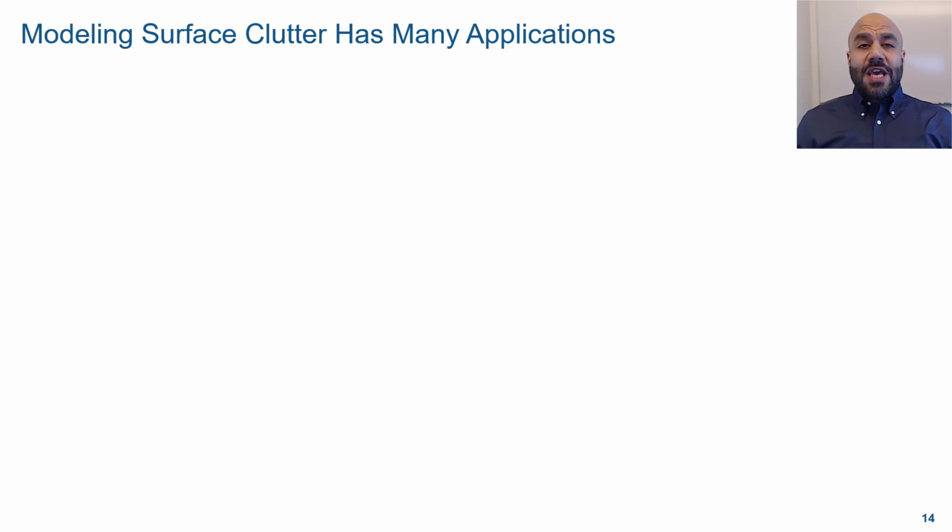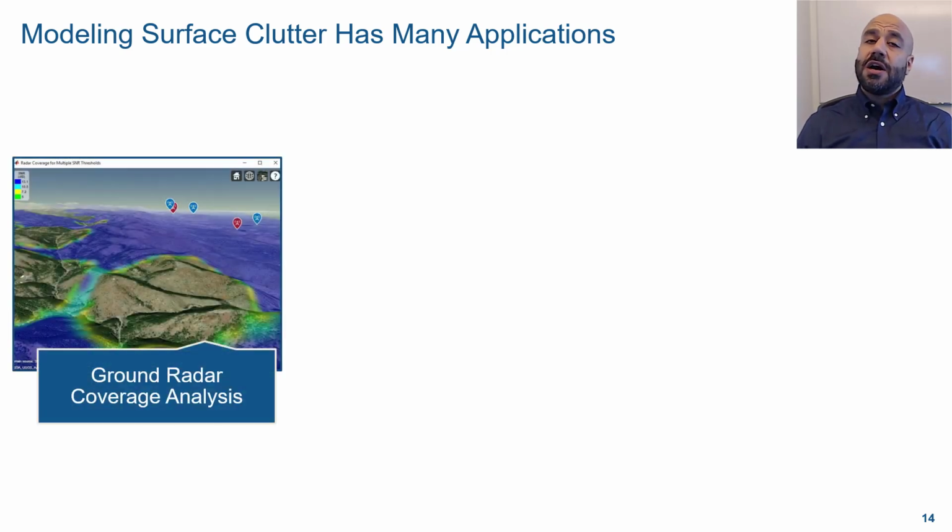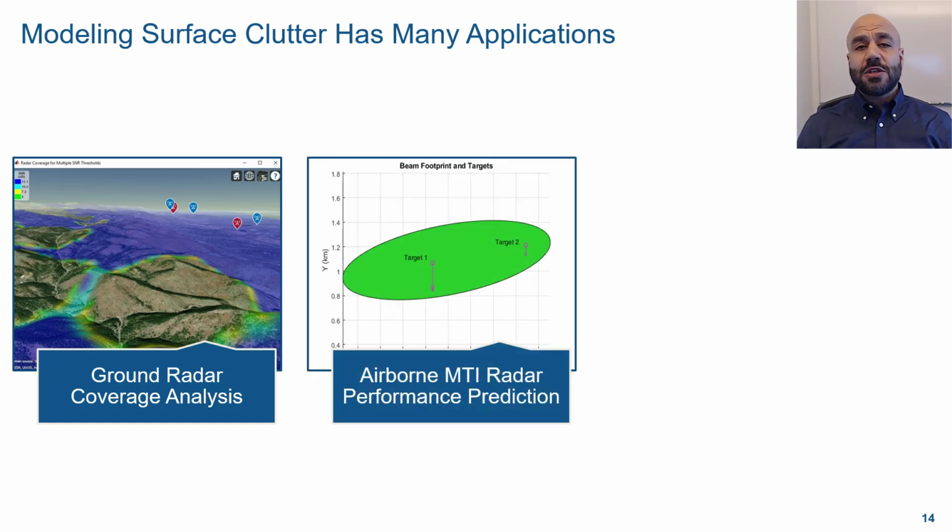There are many applications that we can take advantage of modeling surfaces in the radar scenario. For example, coverage analysis for a ground radar, or assessing the performance of moving target indicator radar and predict the performance of the algorithms for this radar.